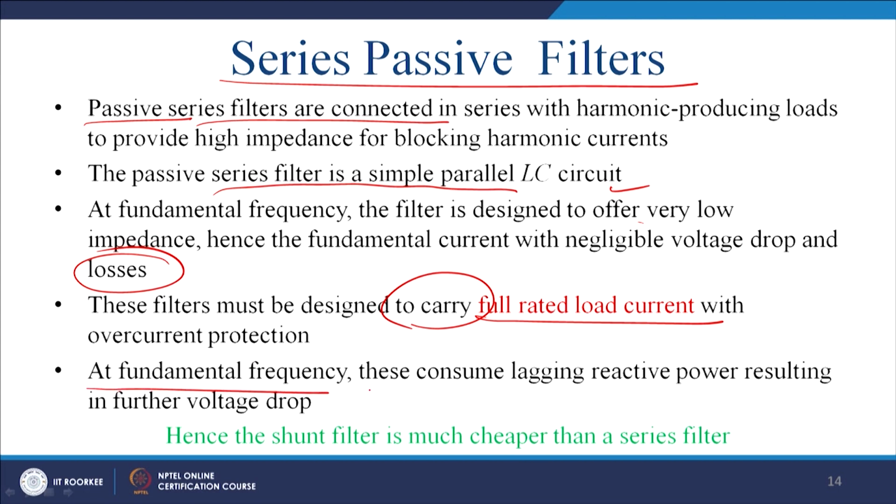At fundamental frequency, this consumes lagging reactive power, resulting in a further drop in the system. Hence, the shunt filter is much cheaper than the series filter, and it has these demerits.